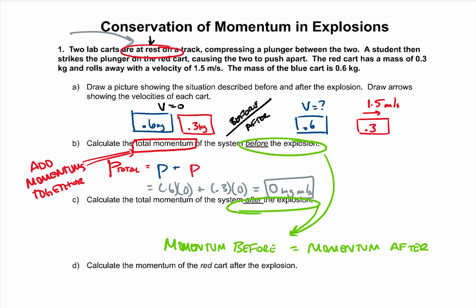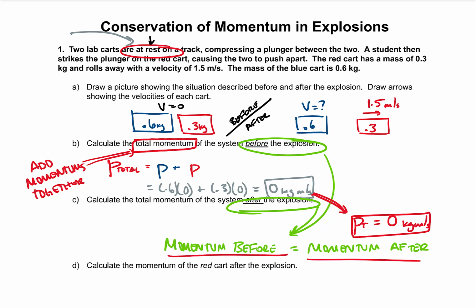That's what the conservation of momentum says. So if I want the total momentum of the system after the collision, P total afterwards is still going to be that 0 kilogram meters per second. Because the before momentum has to equal the after momentum. That's how it works.